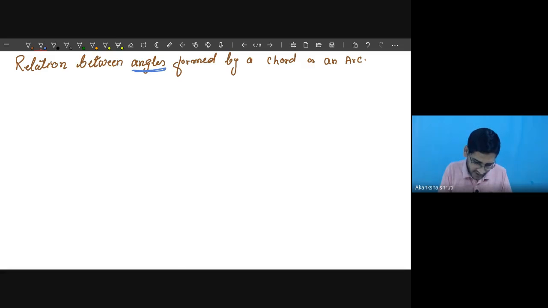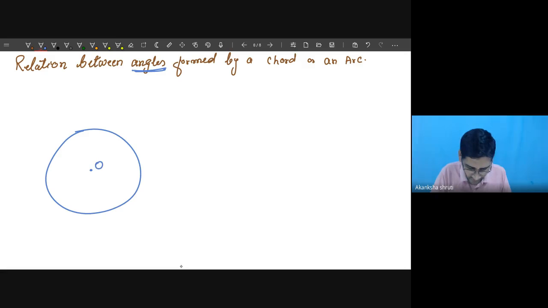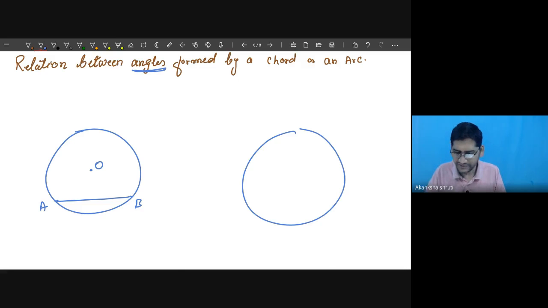So students, let us consider a circle with center O and chord AB. Or rather than chord, we may take the arc itself. That also doesn't affect the concept.